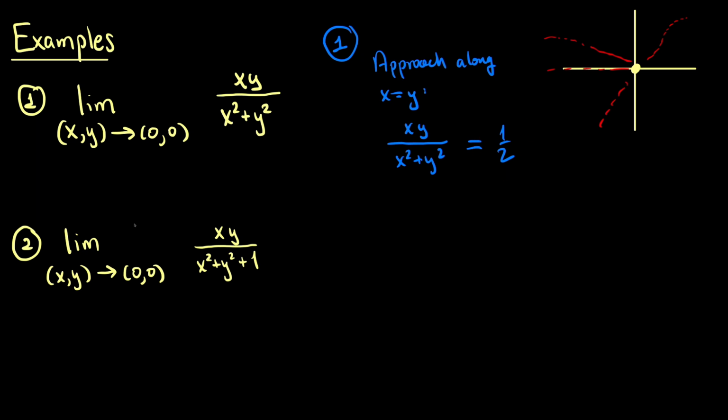And you can see now that it's possible to get something else. What happens if I approach along the direction x equals 0? So I approach on the y-axis, or actually on the x-axis. Then the numerator is 0. So if I approach along x equals 0, then I see that xy divided by x squared plus y squared equals 0.